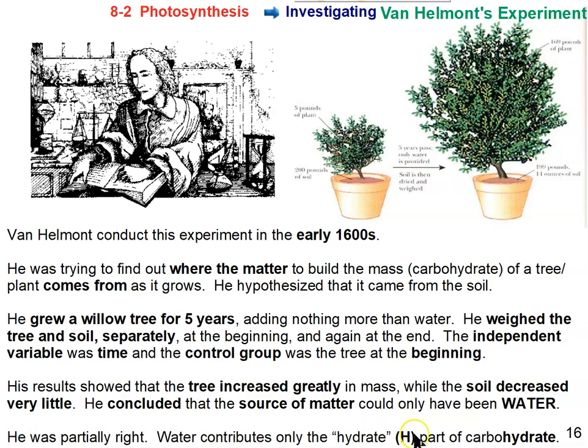Water contributes only part of the carbohydrates that go into building the mass of the tree, because basically the whole tree is carbohydrate. There's proteins in there too, and lipids and nucleic acids, of course, but the large part of the mass of the tree is carbohydrate. So he discovered the hydrogen part of carbohydrate, the hydrate part of carbohydrate, as I like to say.